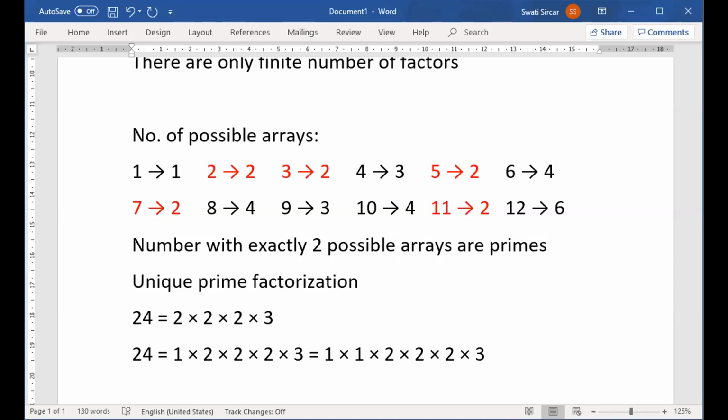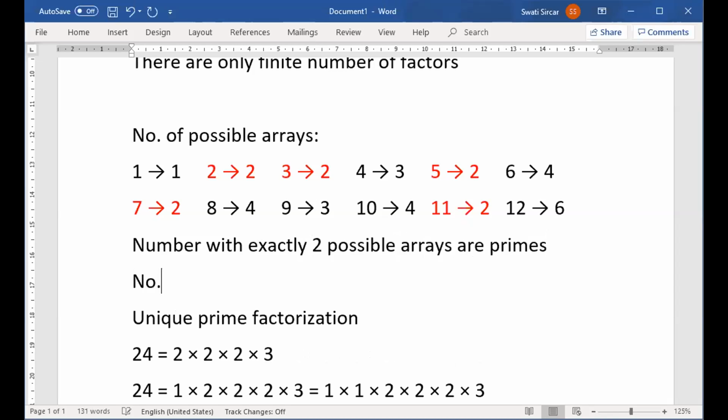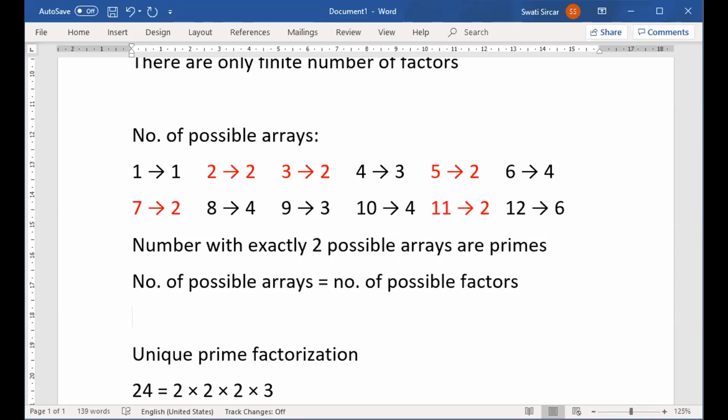Now notice the number of possible arrays is also related to the number of possible factors. Can you see that? Yes, sir. So when you say the number with exactly 2 possible arrays, you are not contradicting the standard definition. A prime number has exactly 2 factors, 1 and itself.